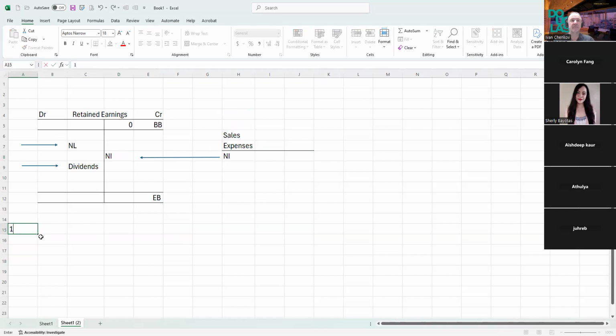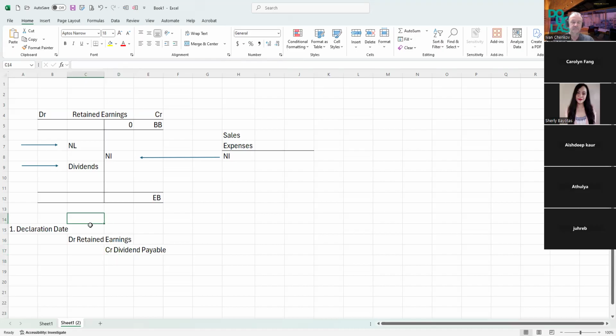First we have the declaration date, correct? On the declaration date, we debit retained earnings and credit dividend payable. This is for cash dividend.